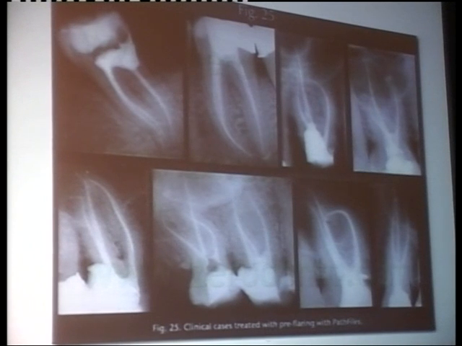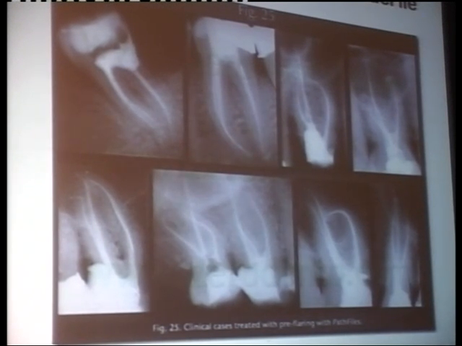And this canal is prepared by the ProGlide and the PathFile. Yes, first we have negotiated with the rotary instrument, not by hand.